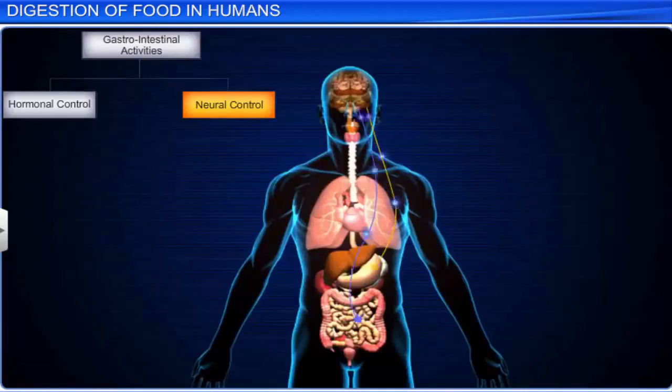Similarly, gastric and intestinal secretions such as pepsin and hydrochloric acid are also stimulated by neural signals. Neural mechanisms can also moderate the muscular activities of different parts of the alimentary canal, both local and through the central nervous system.